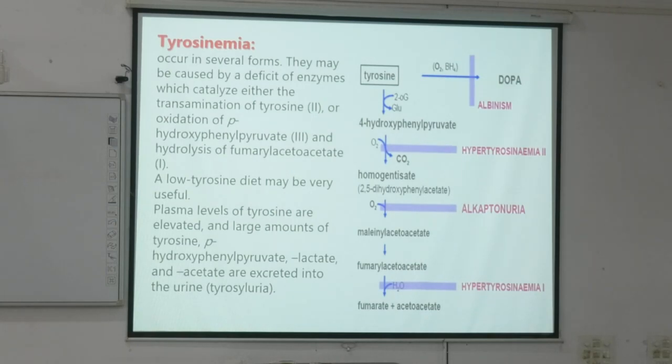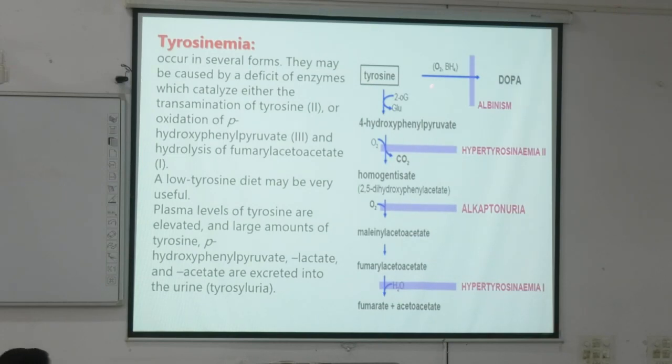Whenever you think of tyrosinemia, remember foot up. Why? Because tyrosinemia type 1 is the last enzyme of tyrosine metabolism, fumarylacetoacetate hydrolase, which breaks fumarylacetoacetate into fumarate and acetoacetate.